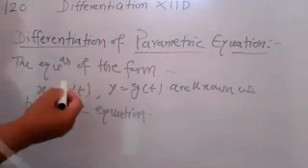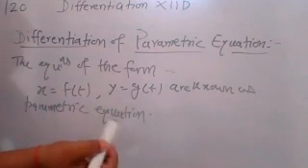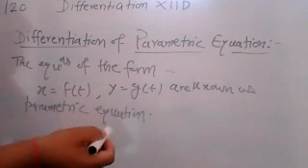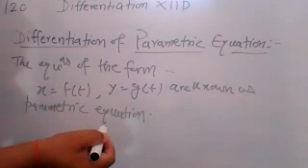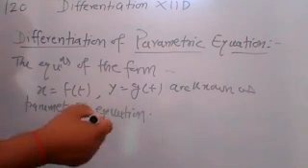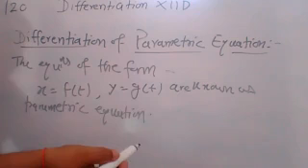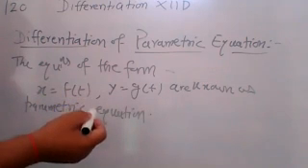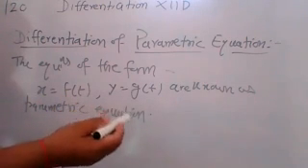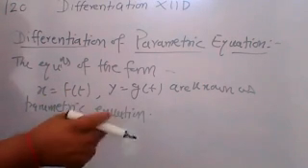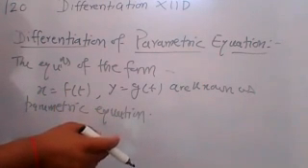In the same way, suppose you have the equation, for example, x is equal to sine theta and y is equal to cos theta. Understand? So here theta is known as the parameter, and here x and y are the variables. So that type of equation is known as parametric equation. Understand?